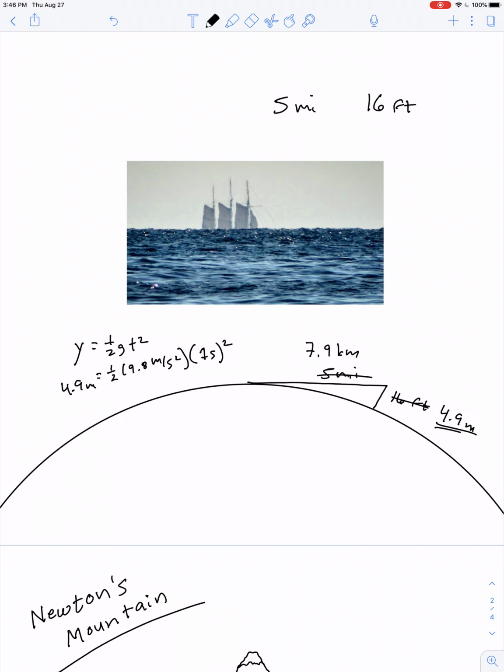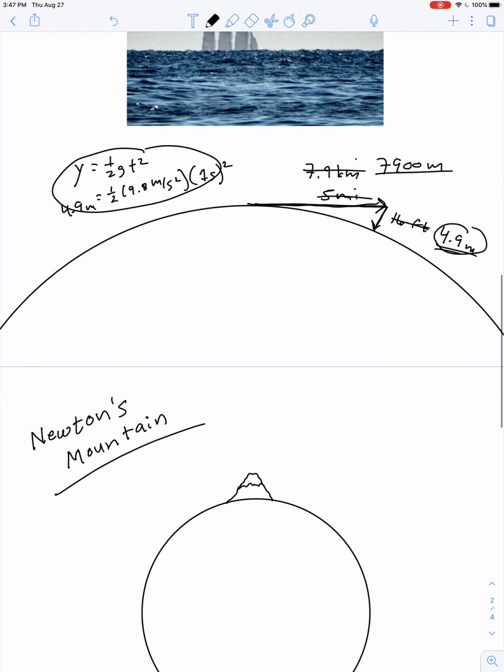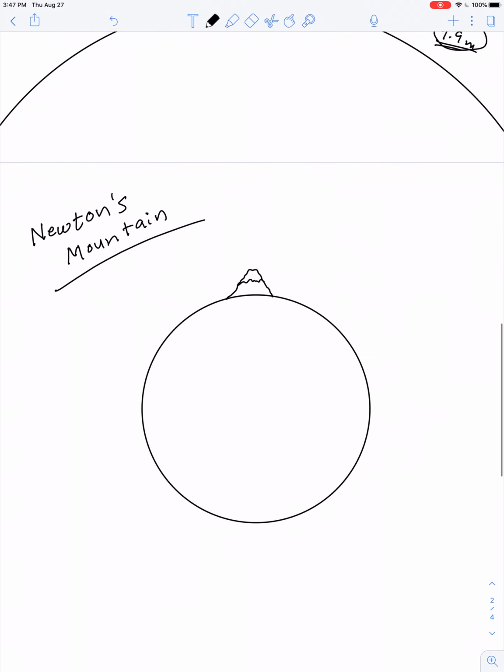Anyhow, that is to say that if you could project an object so that it went 7,900 meters, same thing as 7.9 kilometers, if something traveled horizontally 7,900 meters in a time of 1 second, the pull of gravity would want to bring it 4.9 meters closer to the surface of the Earth because of the nature of free fall, yet its projection makes it want to travel outwards 7,900 meters.